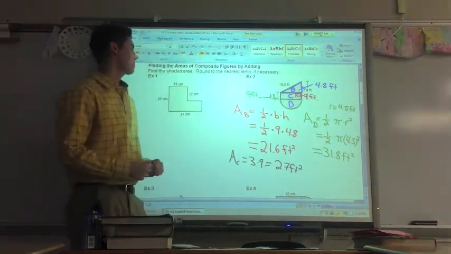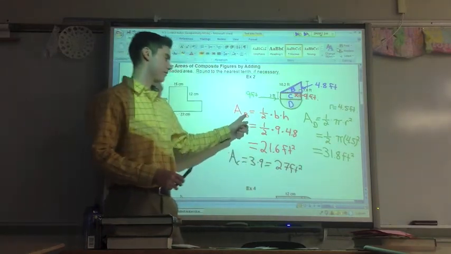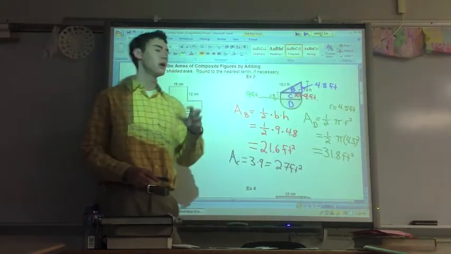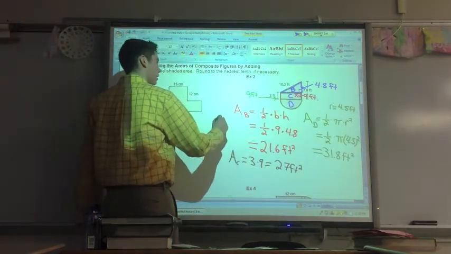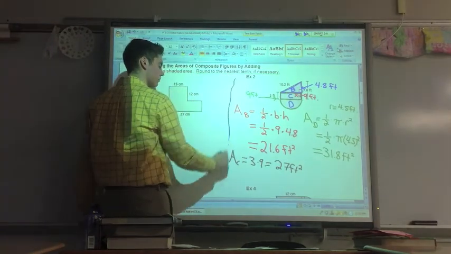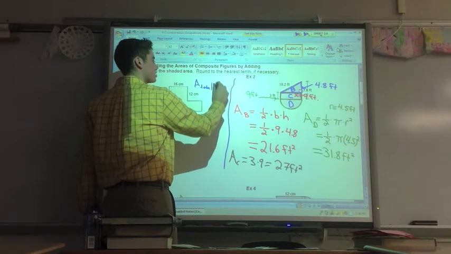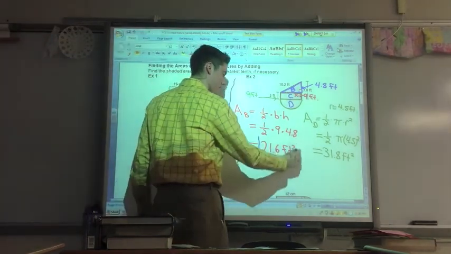Our final solution now is to take all three of these areas, the area of region B, the area of region C, and the area of region D, and put them together to form the area of the total. And so I'll go ahead and I'll put that over here where I have a little bit of space. And so the area of the total is going to be equal to the sum of each of these areas here.